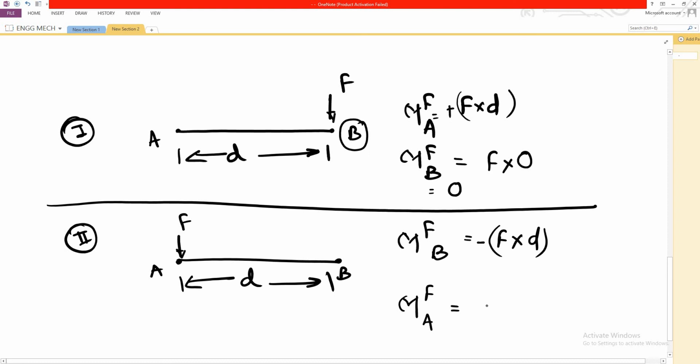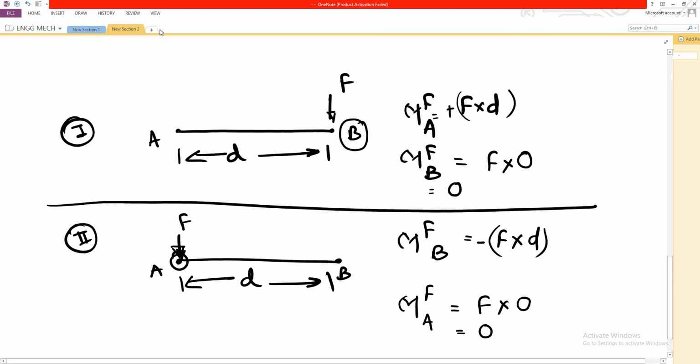Again this force F is acting on the reference point itself. That's why the distance between the force and the reference point here is 0. It is nil, null, void, 0. So when a force is there but there is no distance between the point of reference and the force, the distance is 0. That's why the moment generated when the force is acting on the reference point itself is going to be 0. This is the concept of moment.